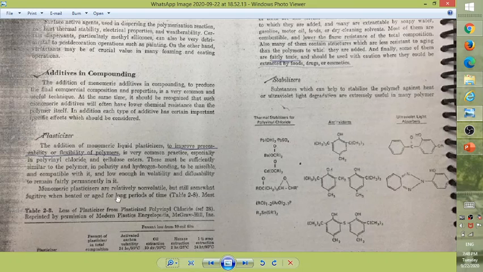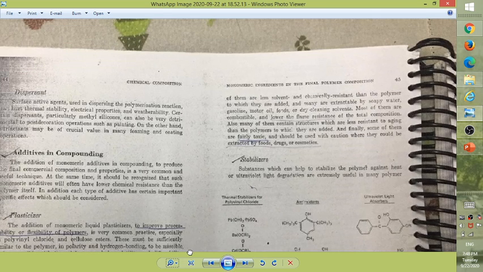Monomeric plasticizers are relatively non-volatile but still somewhat fugitive when heated or aged for long periods of time. Most of them are less solvent and chemically resistant than the polymer to which they are added, and many are extractable by soapy water, gasoline, motor oil, foods, or dry cleaning solvent.